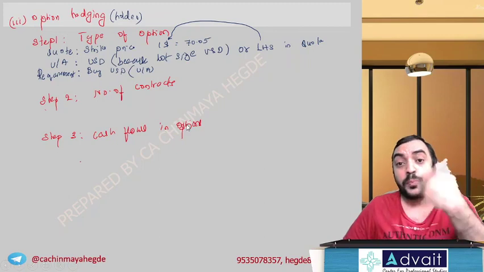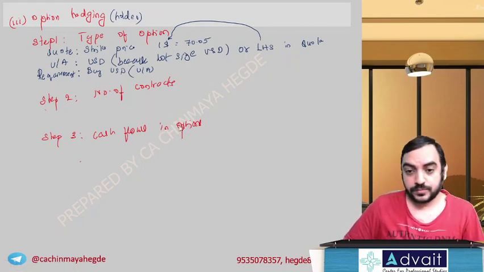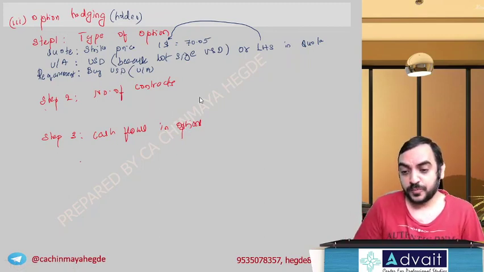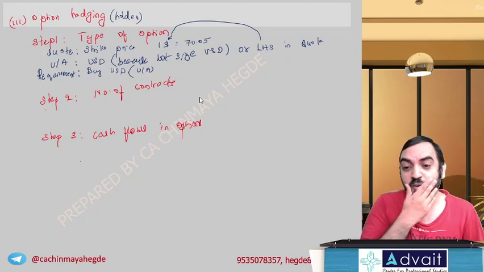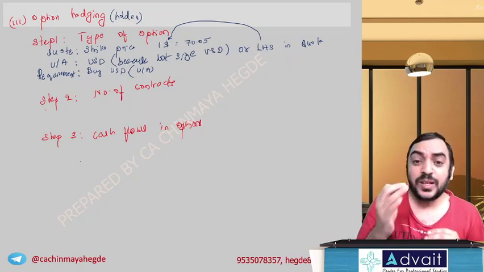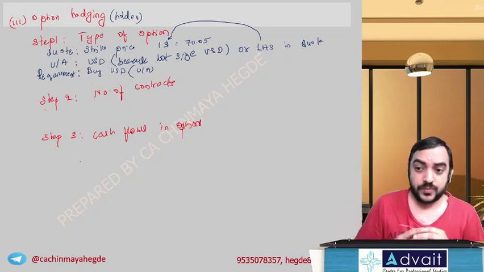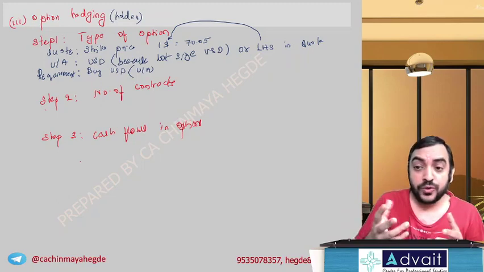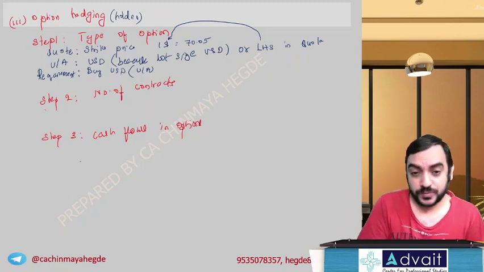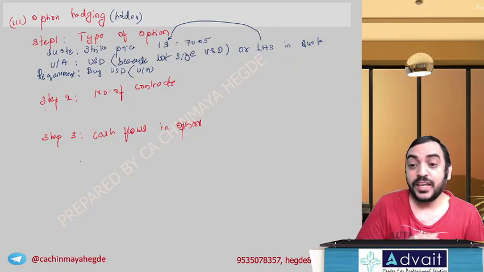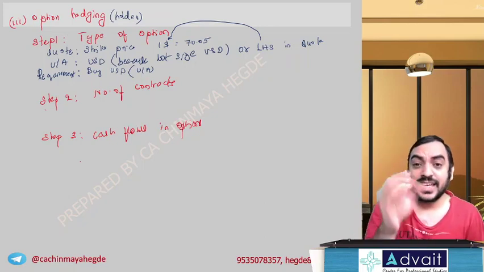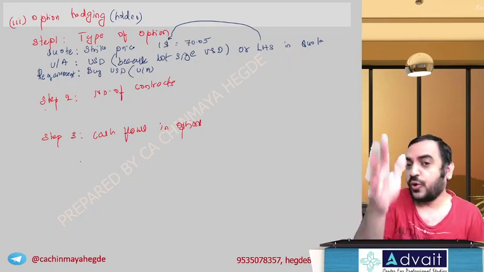But from the rupee point of view, it will be an outflow. Within brackets, sales. It will be an outflow.